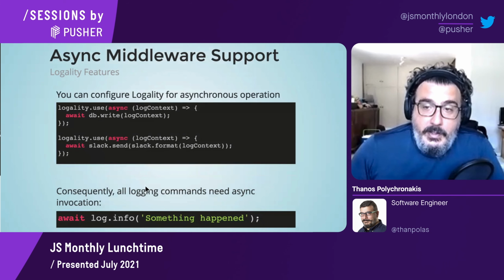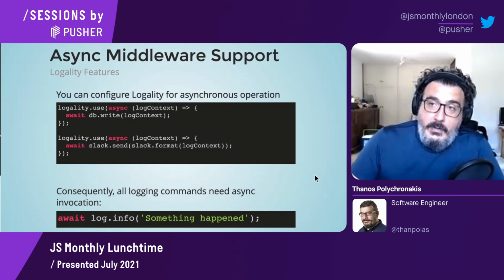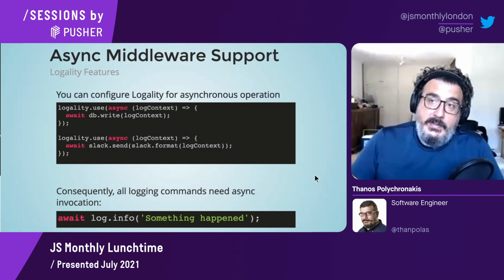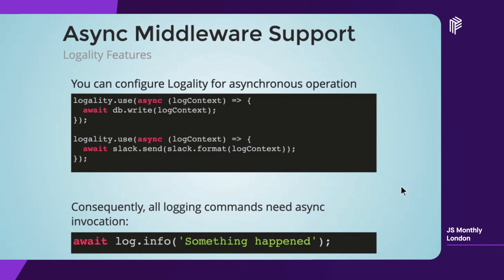And here is where Logality really excels, which is that it has this unique feature that with a single switch during instantiation of Logality, you can make it operate asynchronously. That means all of the middleware are operating asynchronously, and that enables some very interesting applications where you can now start distributing your log messages to multiple endpoints.